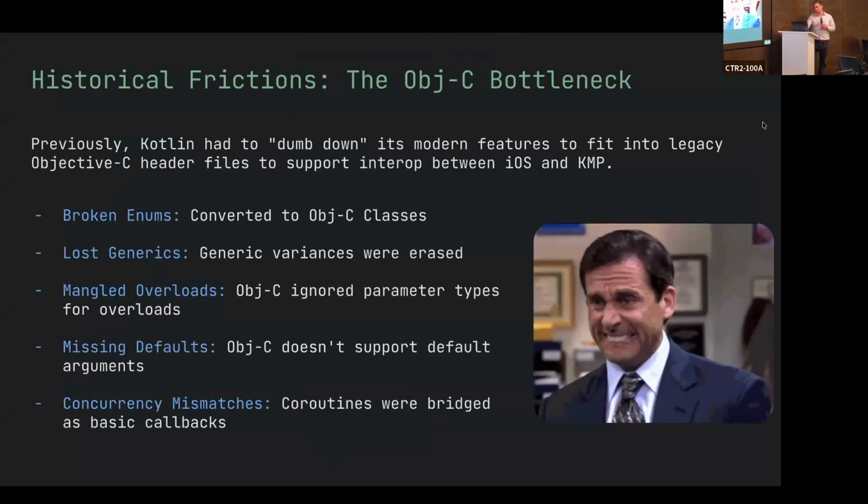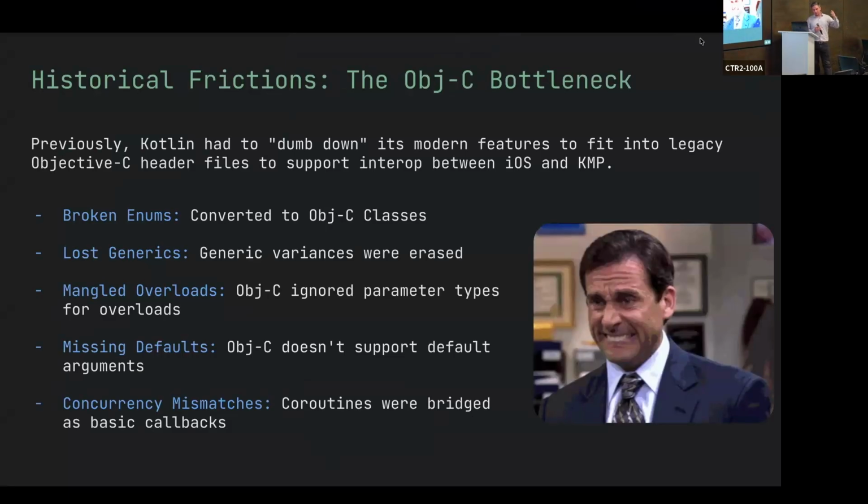All right, so there are some friction points that we should talk about. Historically, because of the Objective-C headers, Kotlin had to be dumbed down, losing some of the features that weren't there for Objective-C but are there in Swift.